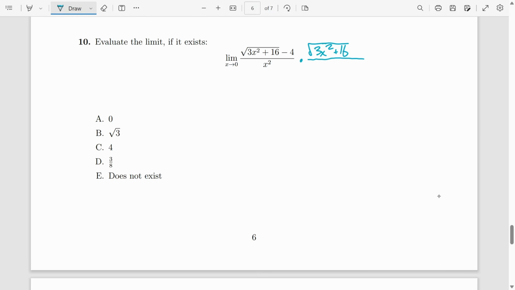So it's square root of 3x squared plus 16 plus 4, and then the same thing on the bottom, plus 16 plus 4. That doesn't change anything since this fraction just equates out to 1.